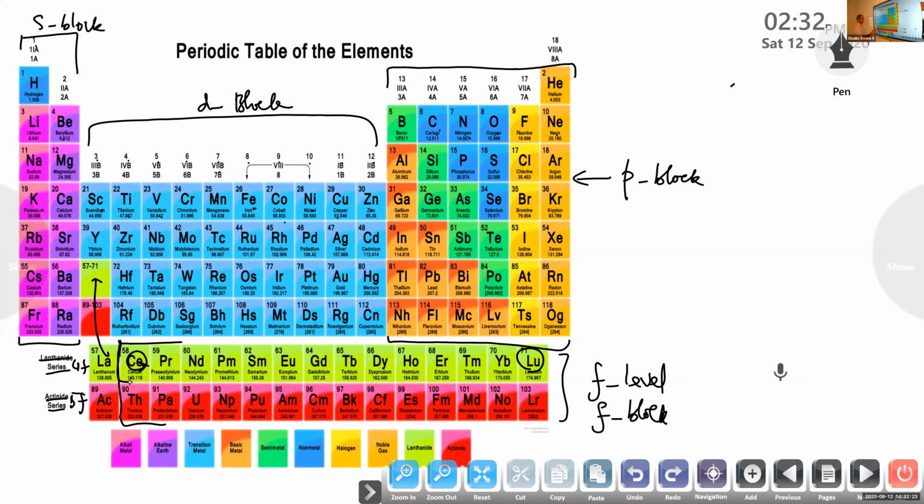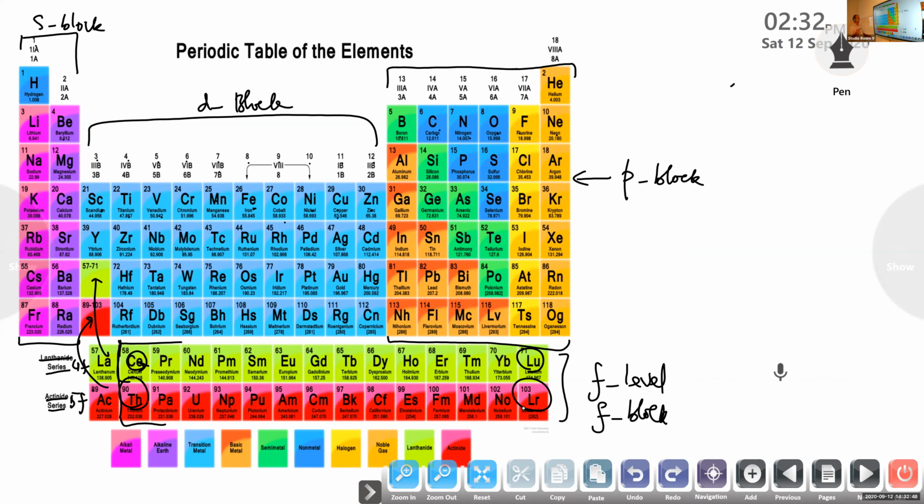Similarly, you come to the elements coming after actinium. Actinium should be here in the third group. But after actinium, there are 14 elements. These are the elements from thorium 90 to lawrencium 103, 14 elements.